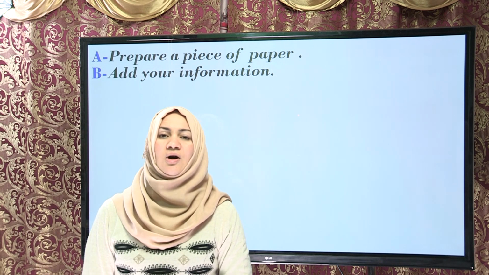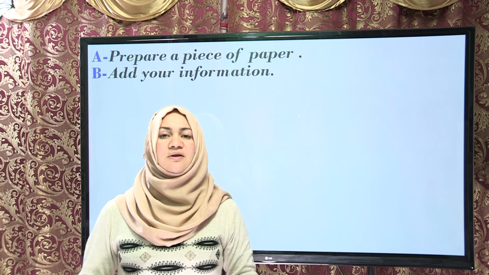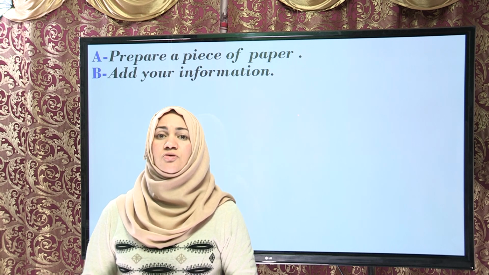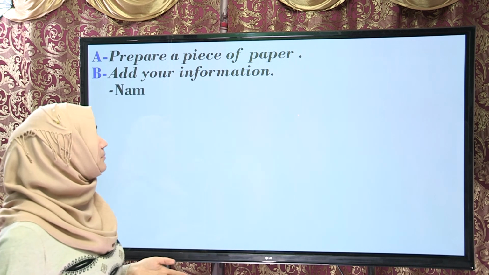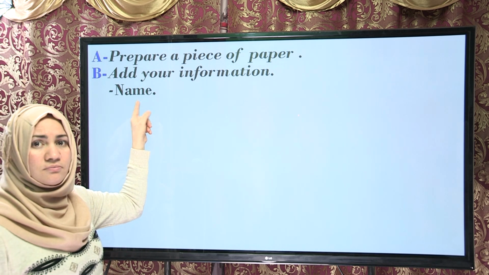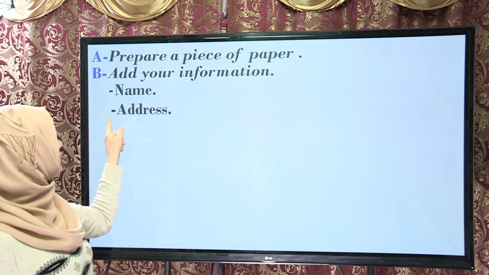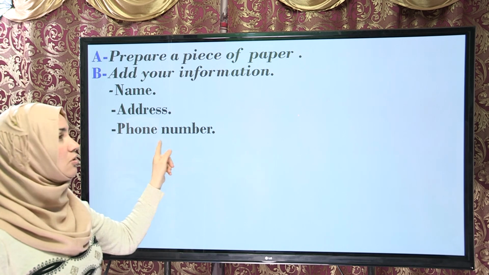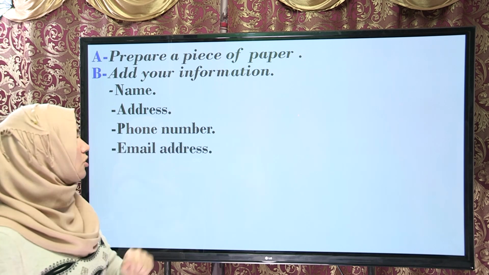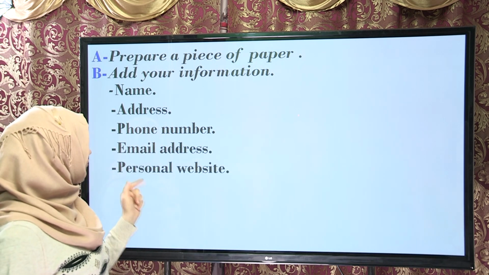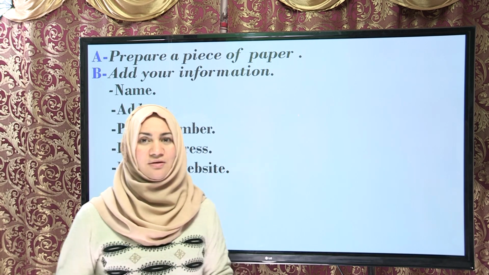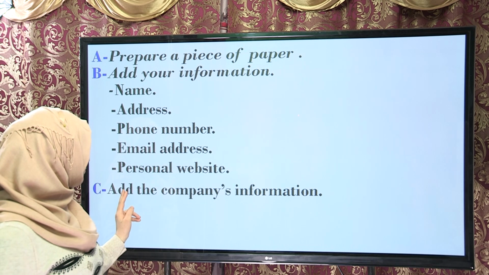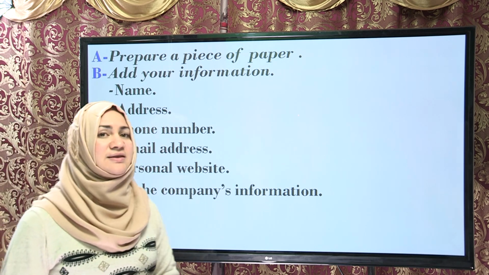What does it mean? You are going to mention your personal information, about yourself. For example, your name, your address, your phone number, your email address, of course, your personal website if you have one.